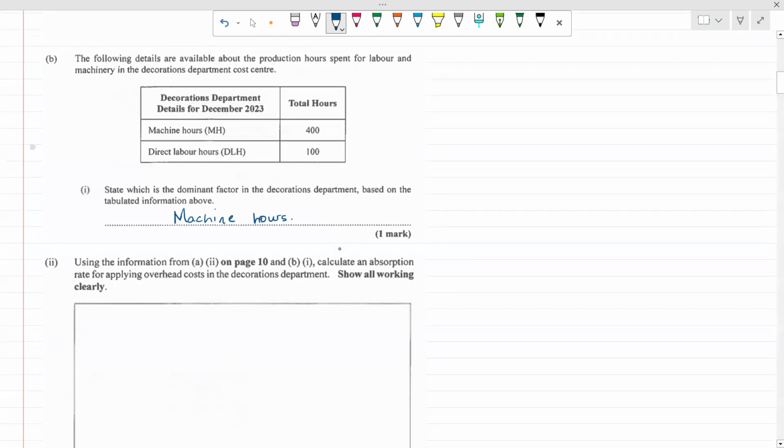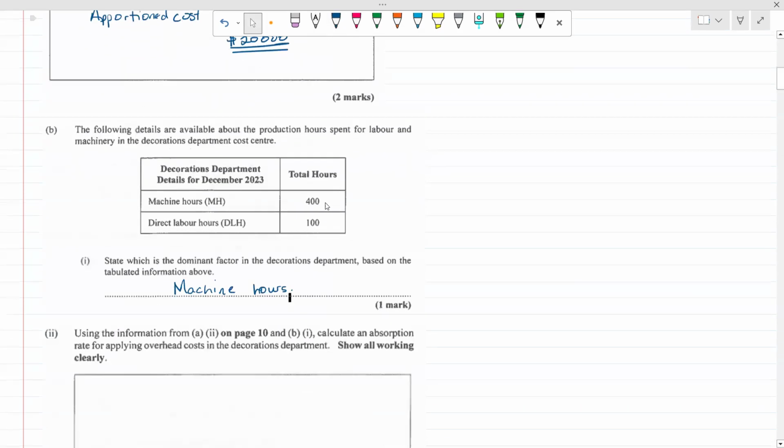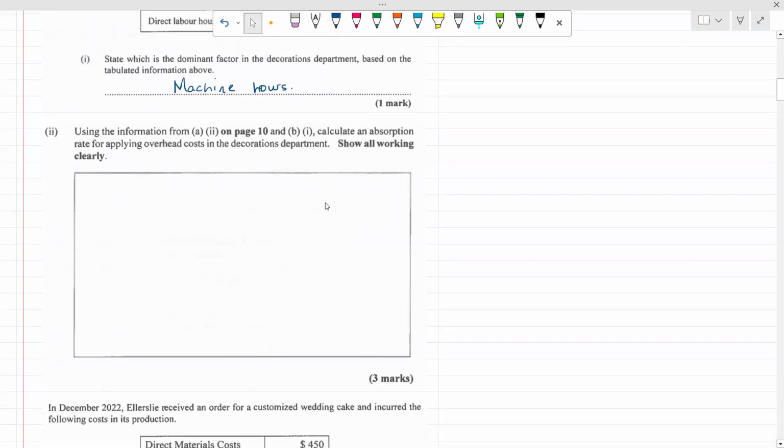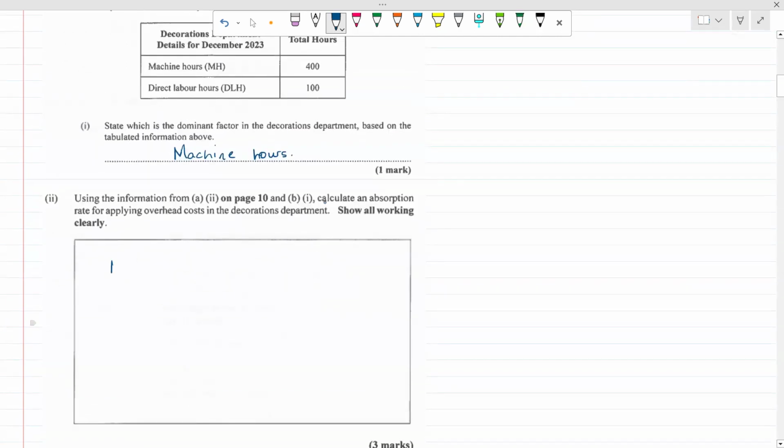They say using information from A2, which is this total indirect cost that we calculated, our overheads, and B1 being the dominant factor in the decorations department, we want to calculate an absorption rate for applying the overhead cost in the decoration department. So to calculate this absorption rate, we're going to take our total indirect costs or total overheads and divide it by our total machine hours.